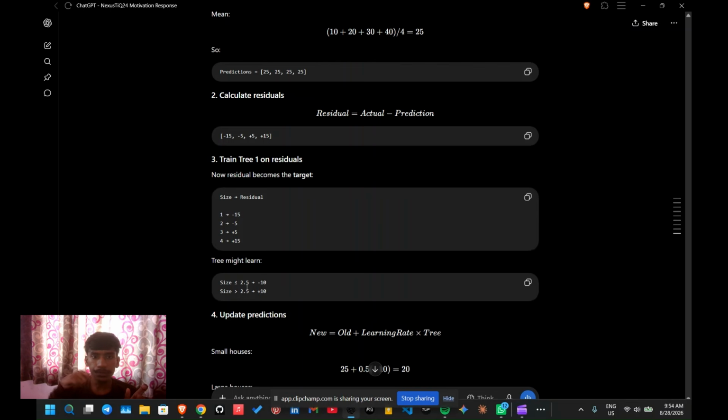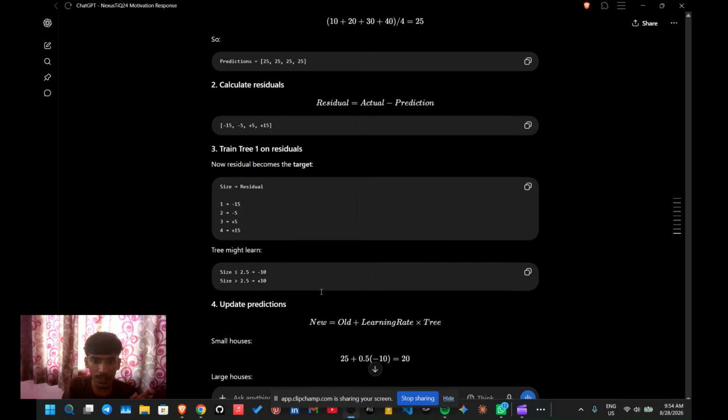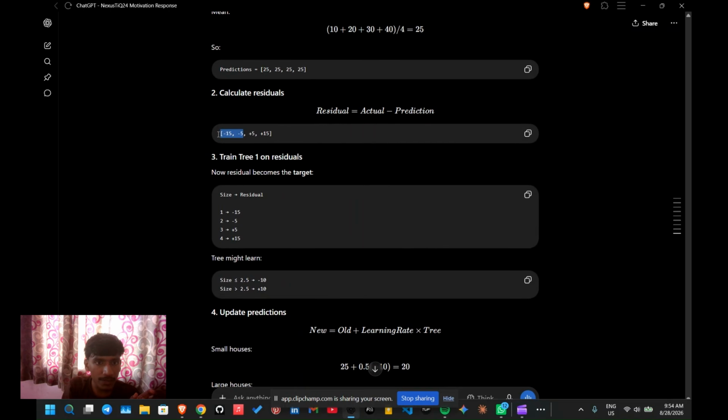If the size is less than 2.5, we have to increase the prediction, because here you can see the residual is negative. We calculate its average, the average of 5 and 15, which is 10. So if the size is less than 2.5, we increase by plus 10, and here minus 10.